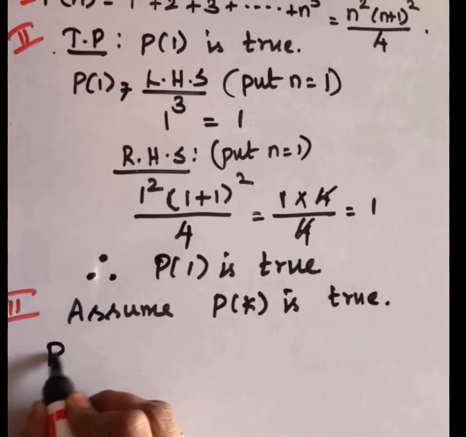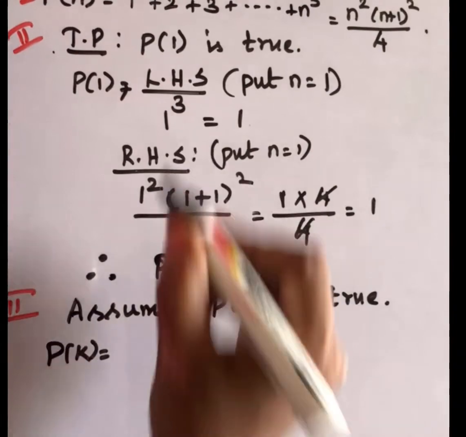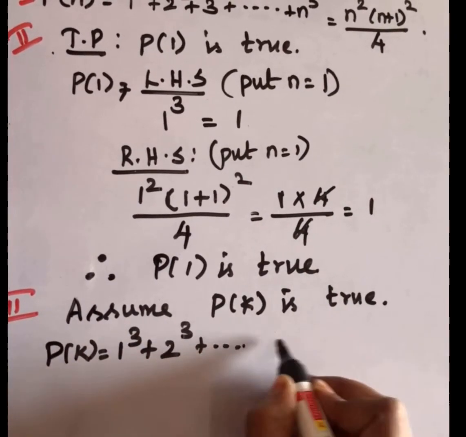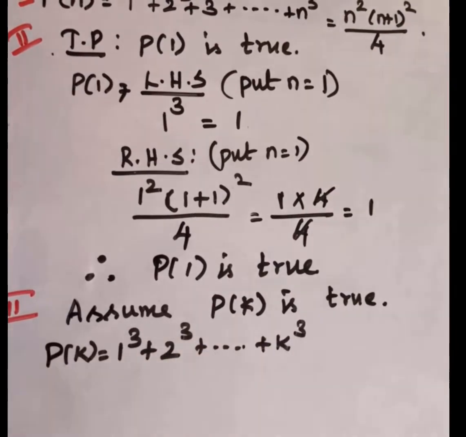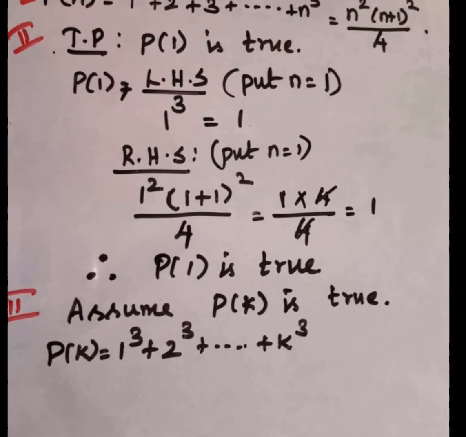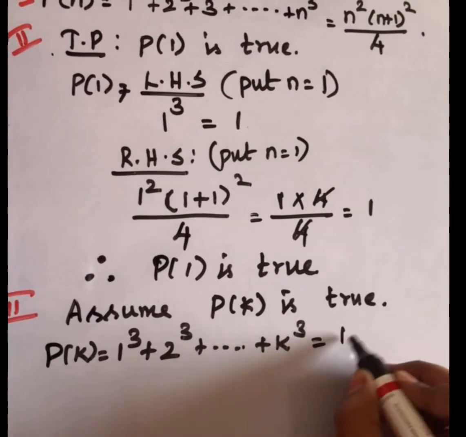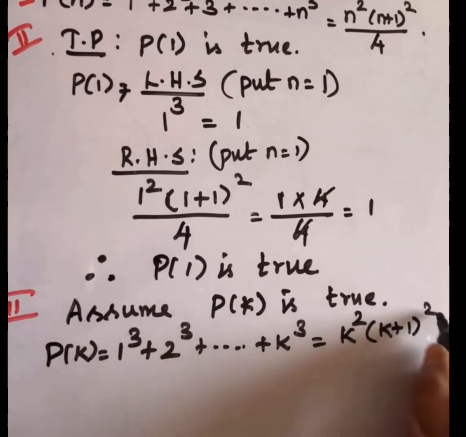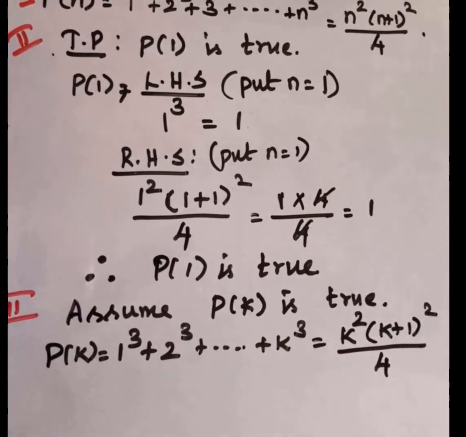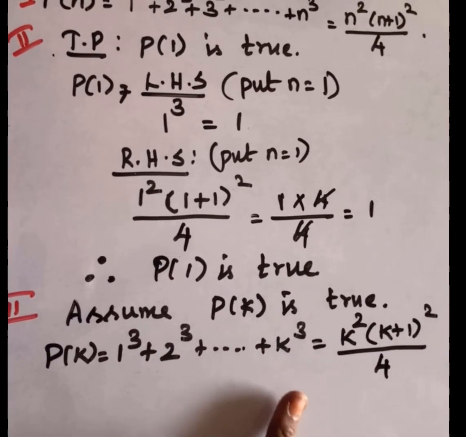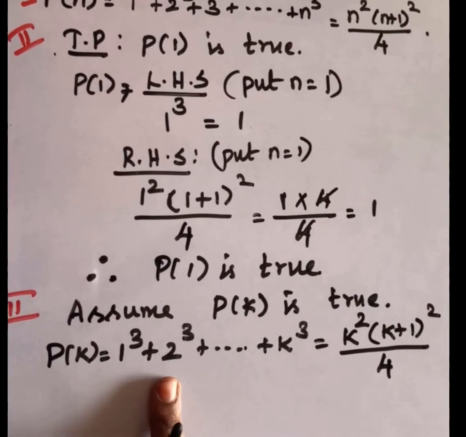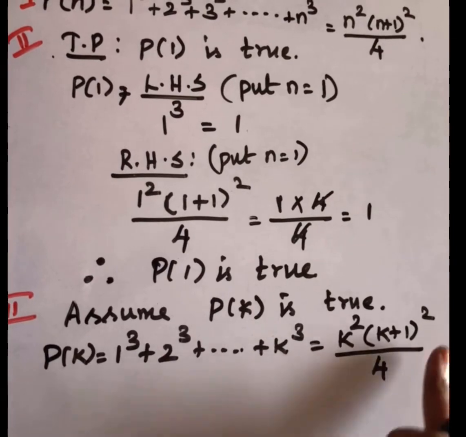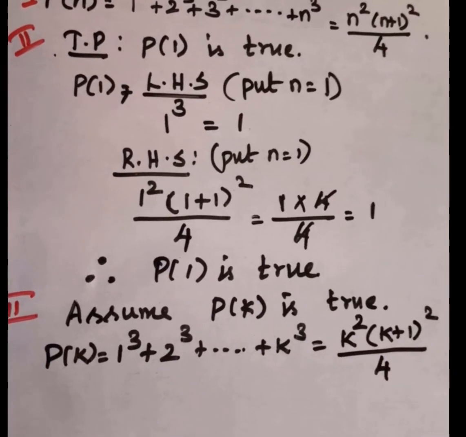So P of k, that is 1 cube plus 2 cube and so on up to k cube, is equal to k square into k plus 1 the whole square divided by 4. Instead of n, I have substituted k here.